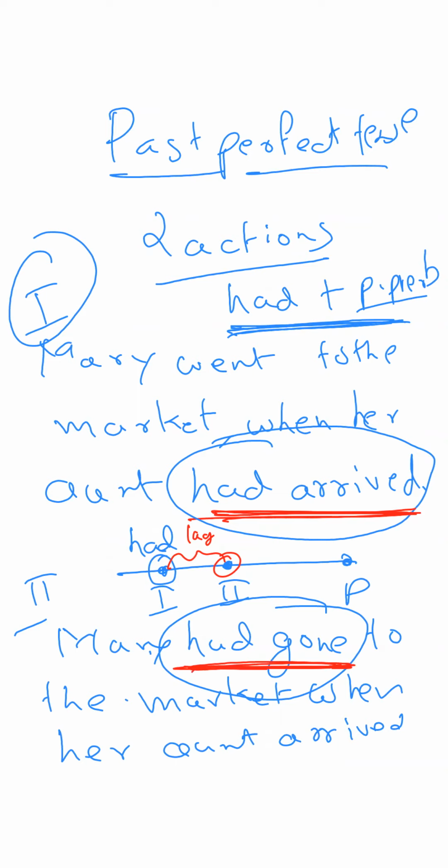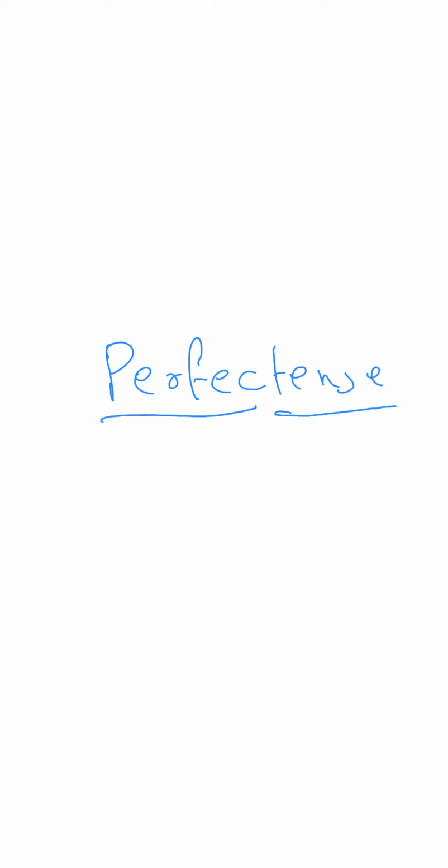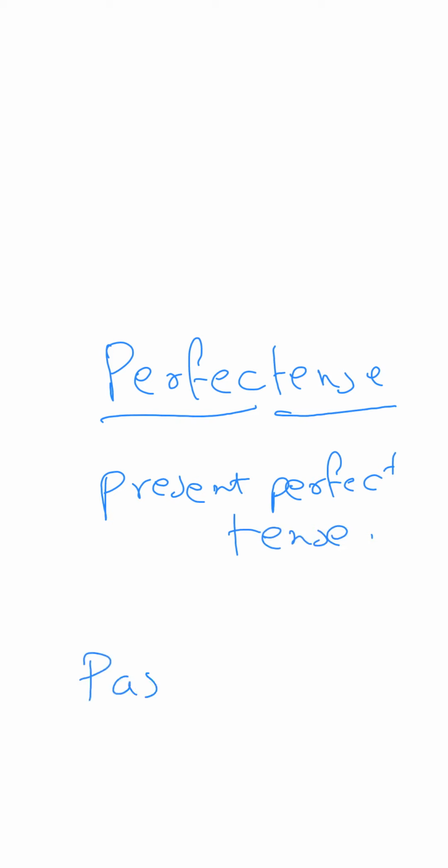Say yes if this is clear. Sir, I'll be honest with you, I'm a bit confused with the names of the tenses. So there's two tenses we're talking about, right? There's past perfect and there's simple past. Actually, in perfect tense, which is what we're concerned with right now, there is present perfect tense, and then there is past perfect tense.